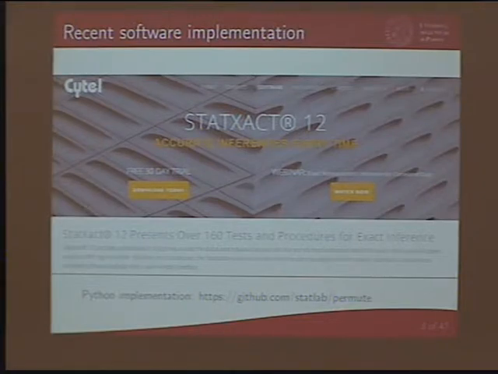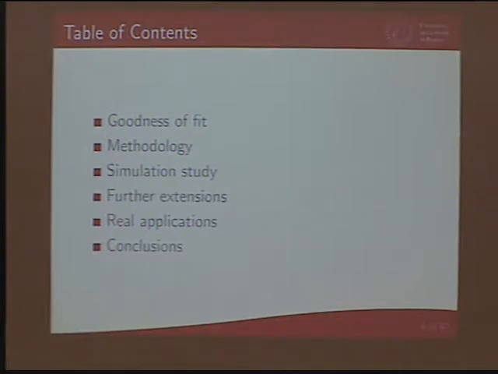So for those of you who might be interested in the computing part, there are plenty of repositories with R code, Python code, and also a standalone software like StatXact 12.